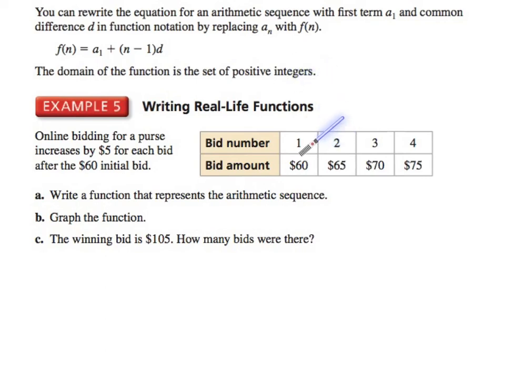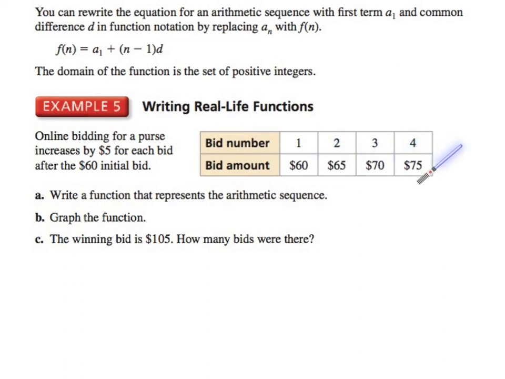If we're talking about position, you can't have a negative or 0 position. So it's always the set of positive integers. So a real life example. Online bidding for a purse increases by $5 for each bid after the $60 initial bid. So the bid number, 1, 2, 3, 4, and the bid amount, $60, $65, $70, and $75.